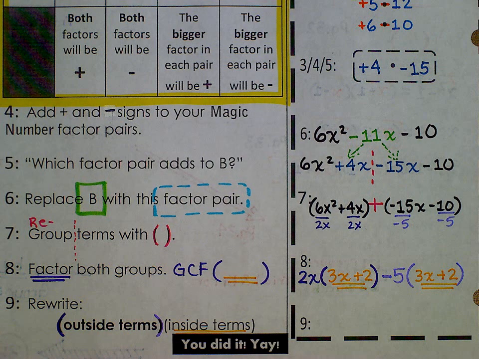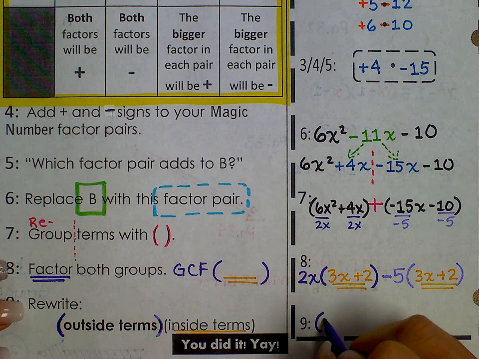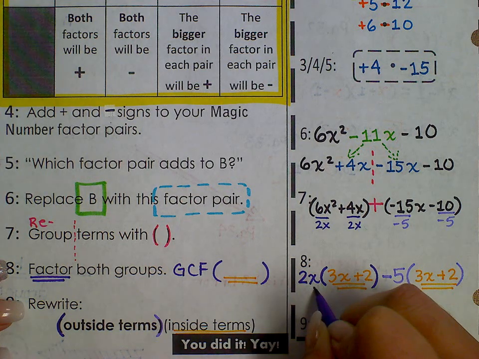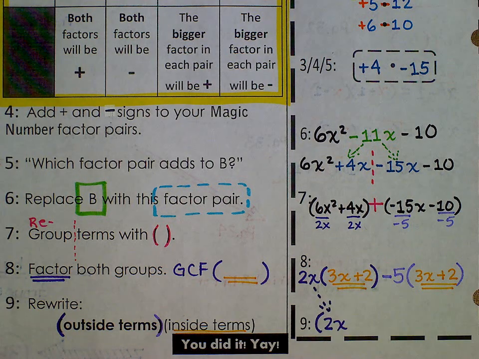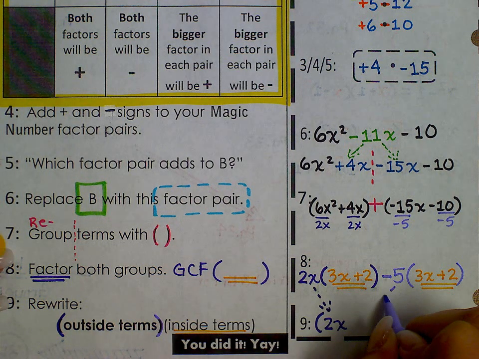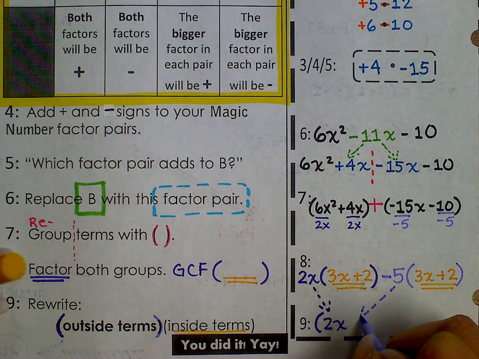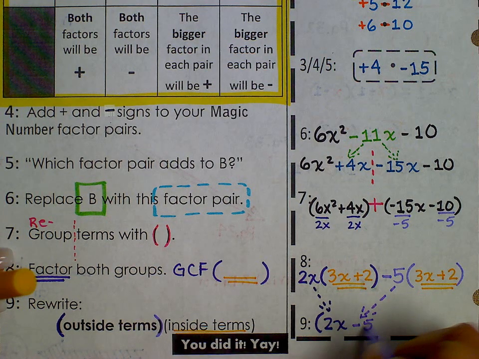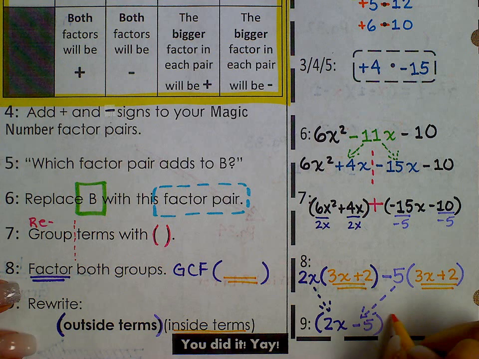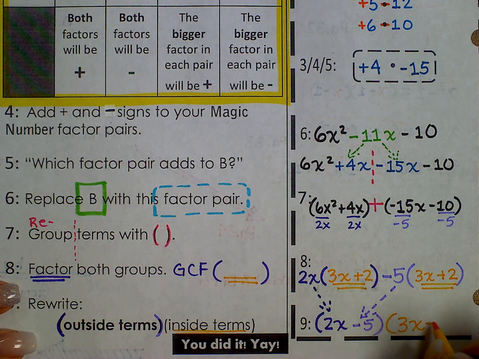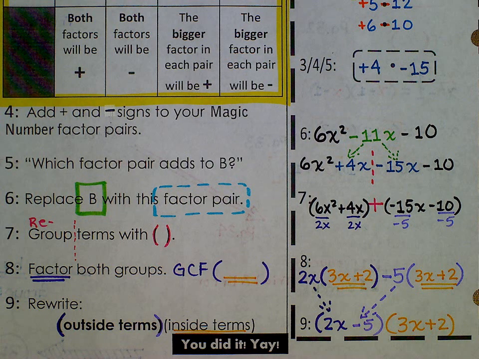So, I'm going to write here 2x minus 5 and then parentheses 3x plus 2. This is my final answer.